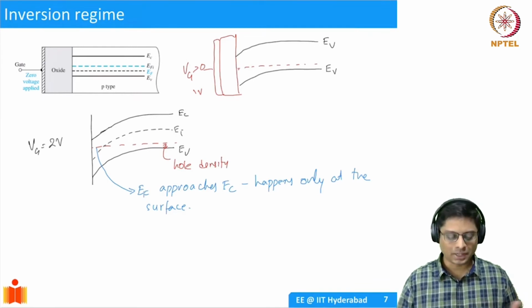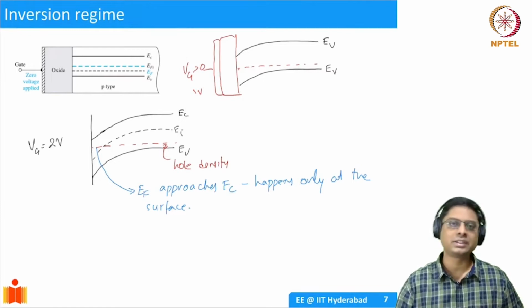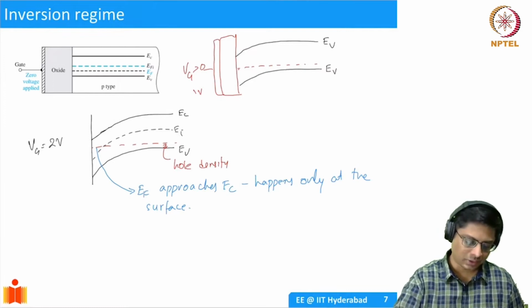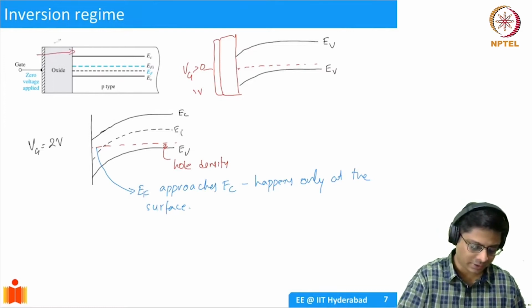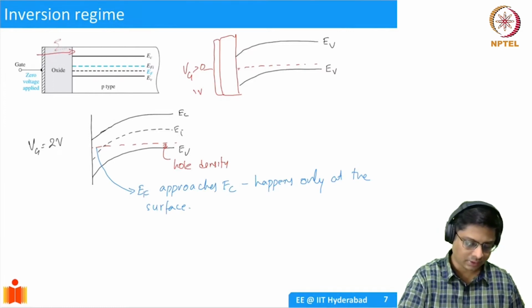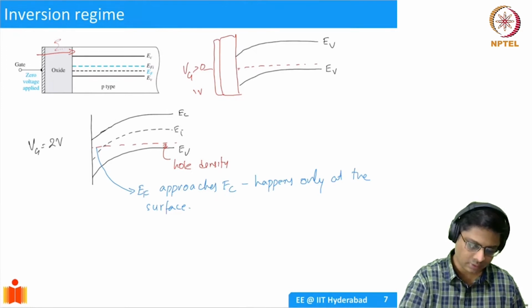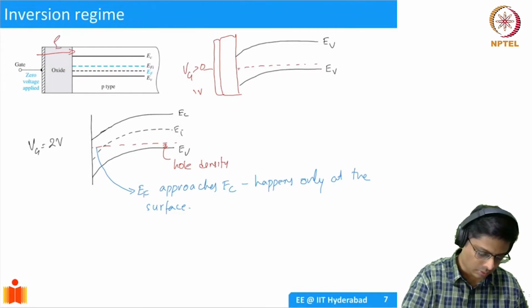So we are applying a voltage, and because of the electric field, we are changing the carrier concentration in the semiconductor. That's called the field effect. We know that there is an electric field when you apply a voltage here. So this is my electric field.